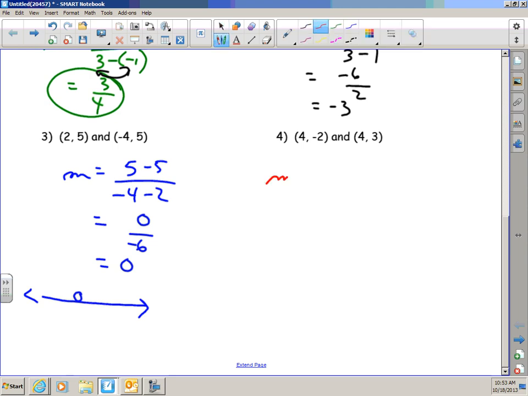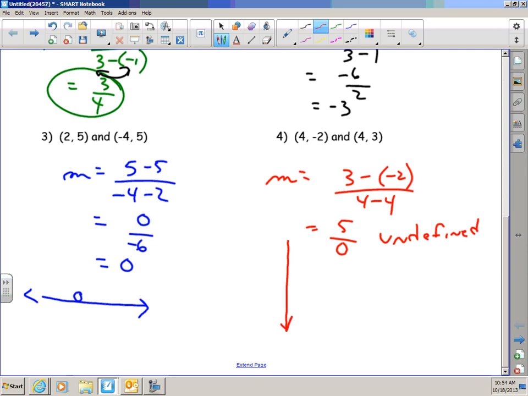And then the last one, I have 3 minus negative 2 over 4 minus 4, which is 5 over 0. You should recall from earlier lessons that 0 in the denominator is undefined. So we say the slope is undefined, not that it's no slope. That, as we talked about in class, would be a vertical line because if we tried to put an object on it, it wouldn't roll, it would fall off.